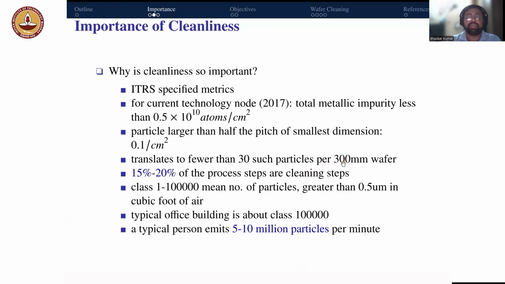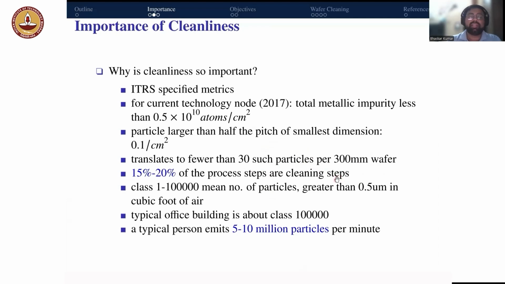That is, if you have a 300 millimeter wafer, then there will be less than 30 such particles. That is the standard of cleanliness that we're talking about. And due to this, about 15 to 20% of the process steps are cleaning steps, that is about one fifth of the process steps.